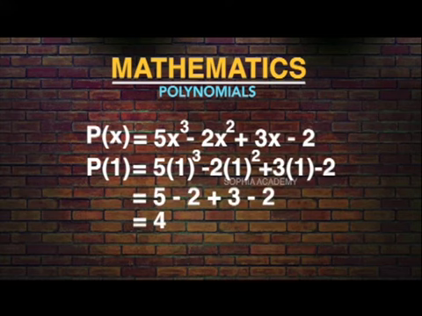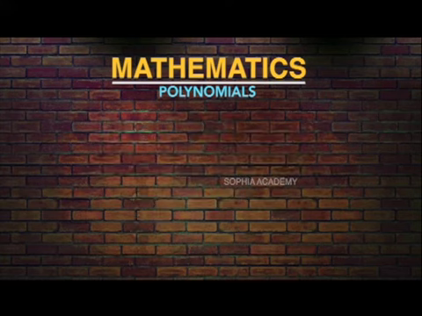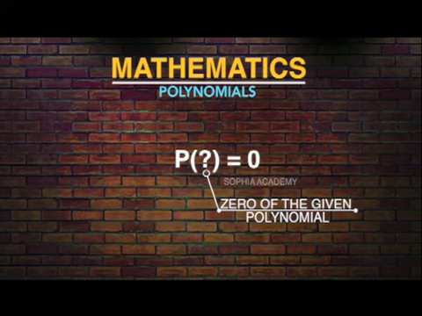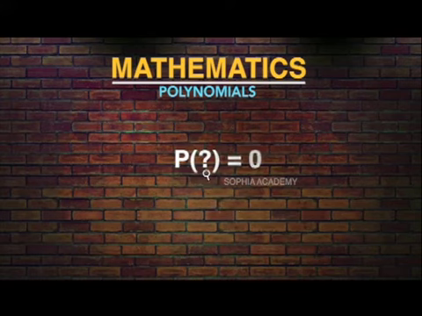And when you are taking some numbers, and if you get the value 0 by final calculation, whereas here you got it as 4. Like that, if you got it as 0, then that particular number which you substituted instead of x is called the zero of that given polynomial. Because what is the meaning of that? When you substituted the number for x, the total value of the polynomial became 0.